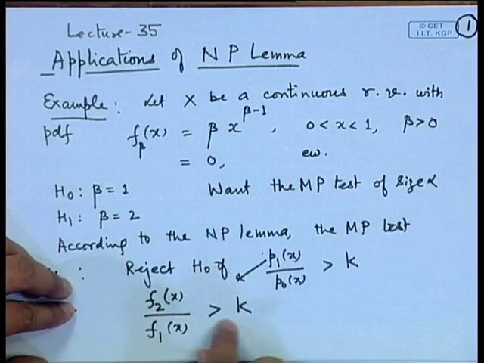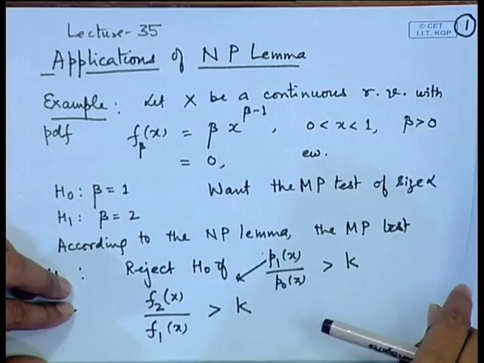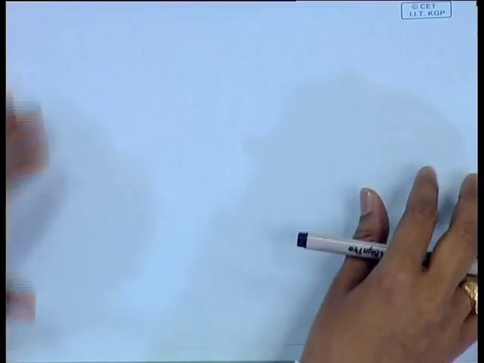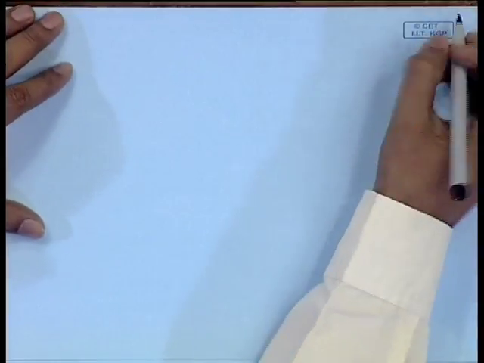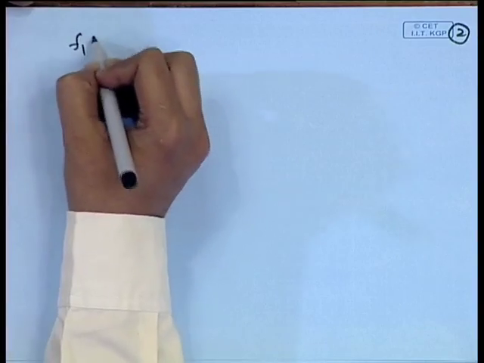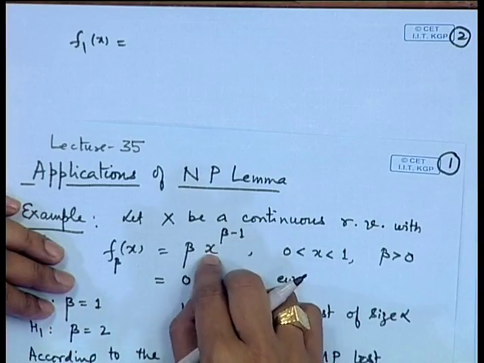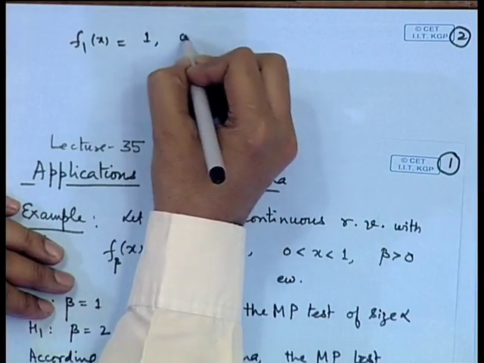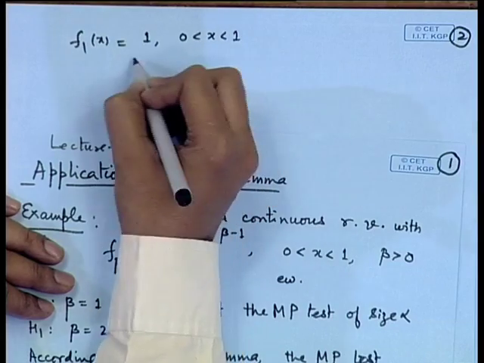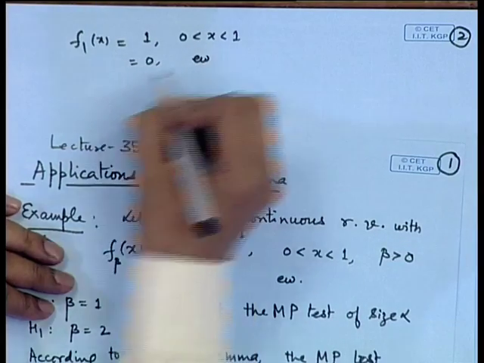So, now first of all let us look at when we are actually going to reject. We have to consider the value here. What is f 1 of x? f 1 of x will be obtained by substituting beta equal to 1, which gives us simply 1, that means the uniform distribution on the interval 0 to 1.